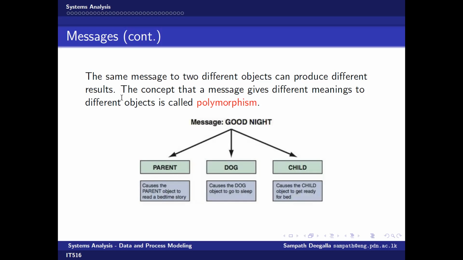So, for example, when you say good night, the parent object has to do something like reading a bedtime story, while the child gets ready for bed. And similarly, the dog also goes to sleep. So one message, but how these three objects react is slightly different.